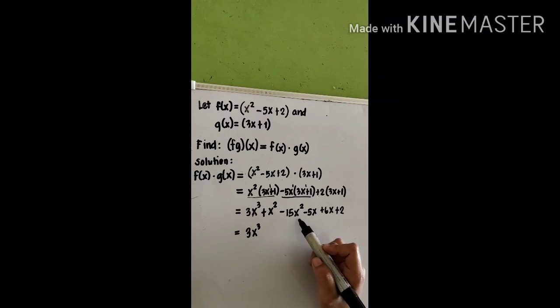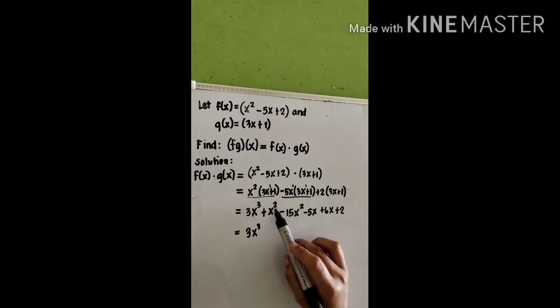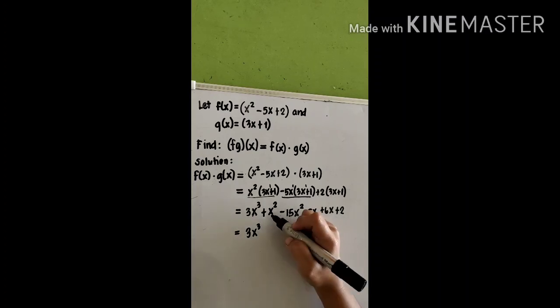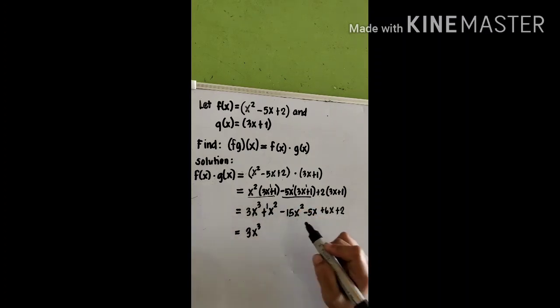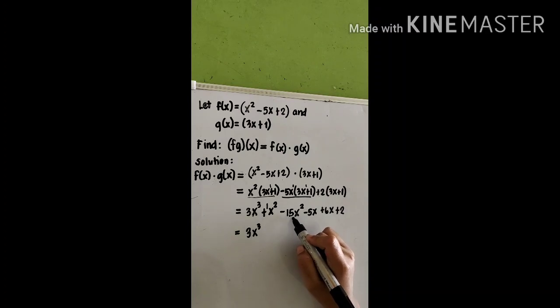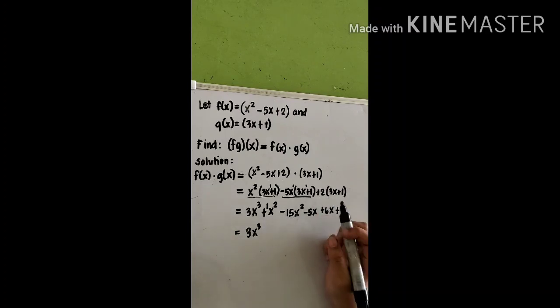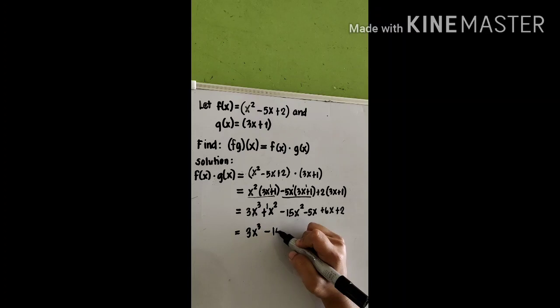So we can combine these terms because they have the same variable and their variables have the same exponent too. So this has a numerical coefficient of 1. So we have positive 1 here, and then we have negative 15 here. So positive 1 and negative 15, that's negative 14, and then copy x squared.